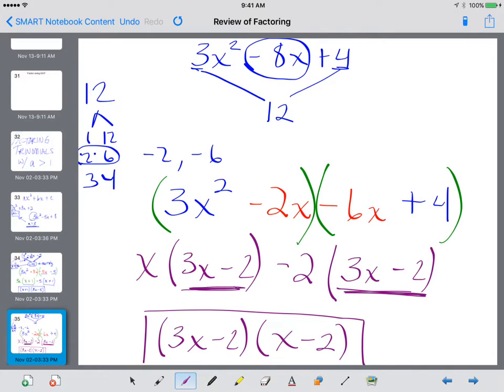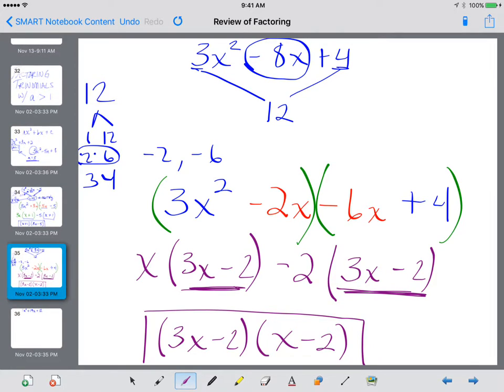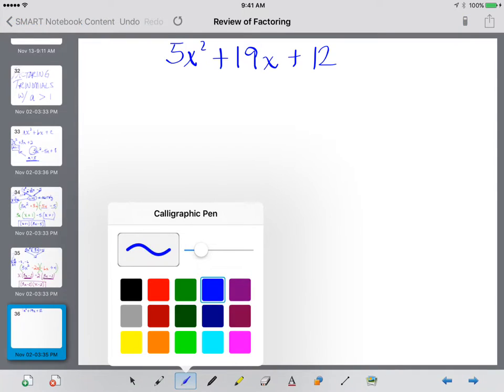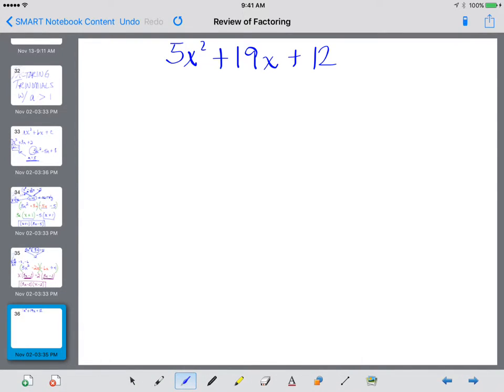I'm going to show you one more example. If you don't need it, you can move on to the assignment. So our first step again, multiply 5 times 12. 60. Now I'm going to go off to the side here. Think of all the numbers I can multiply to 60.